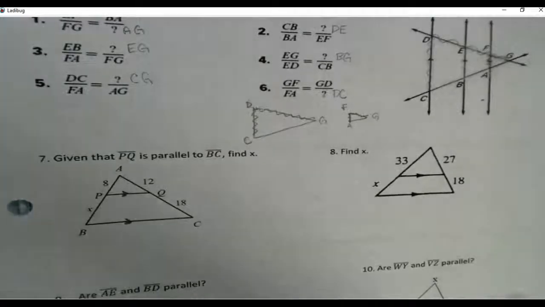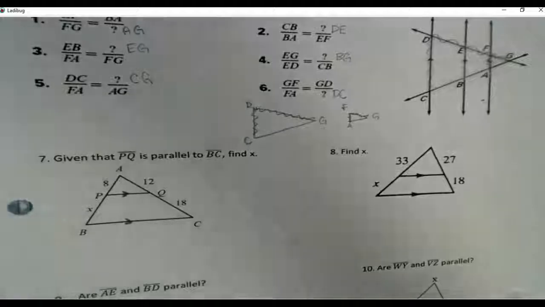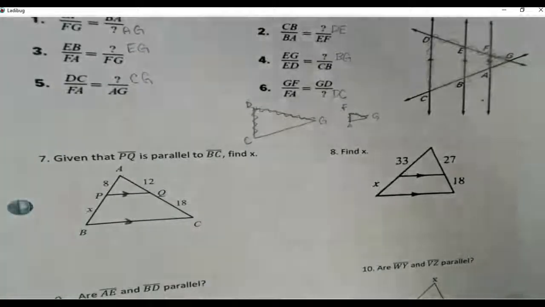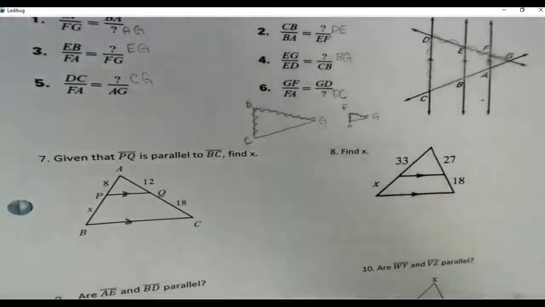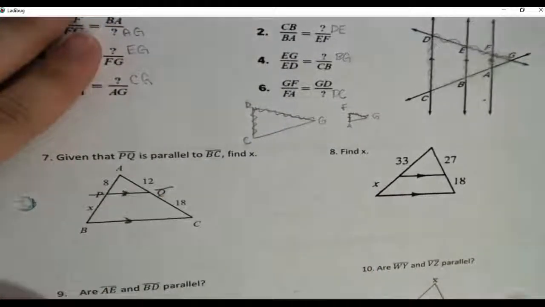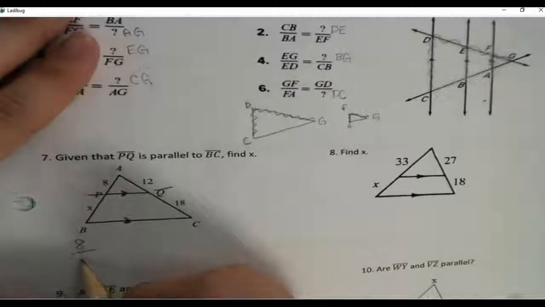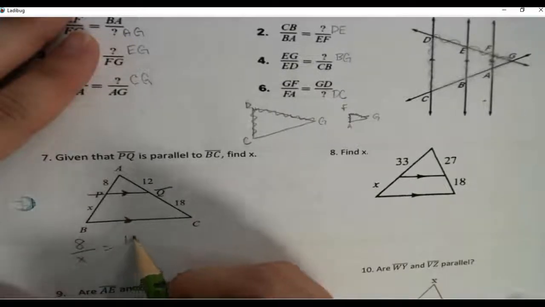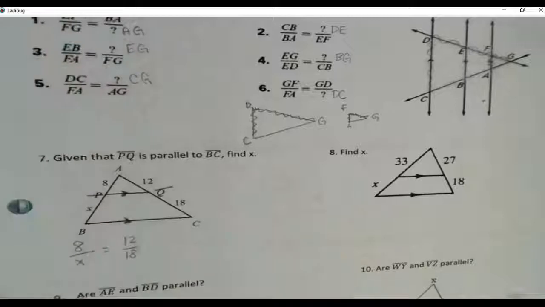Again, you can set these proportions up so many different ways. There's literally like one way you set it up that will be wrong. When you have the sides, just go here and here. So you can say 8 over X equals 12 over 18.